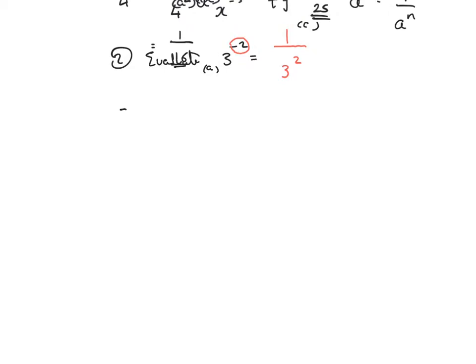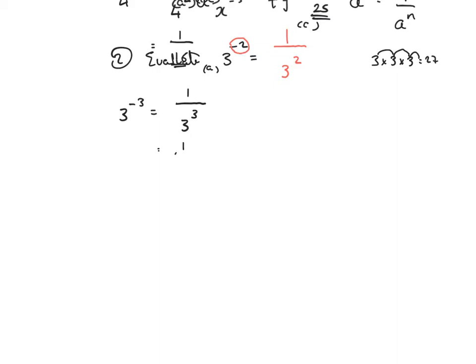Okay, next one. 3 to the minus 3. That can be written as 1 over 3 to the positive 3. And then what's 3 to the 3? That's 3 cubed. What's 3 cubed? 3 times 3 times 3. 3 times 3 is 9, and times it by 3 is 27.